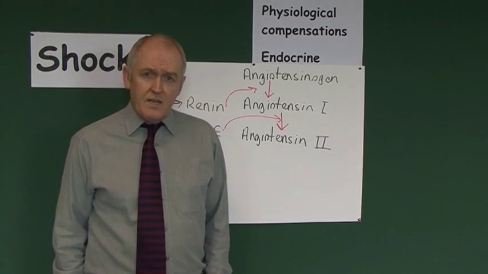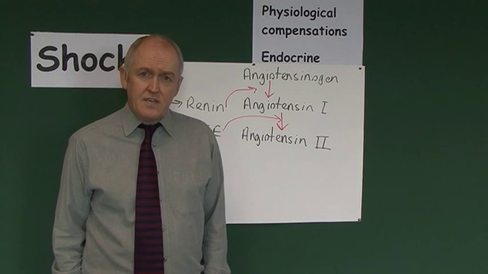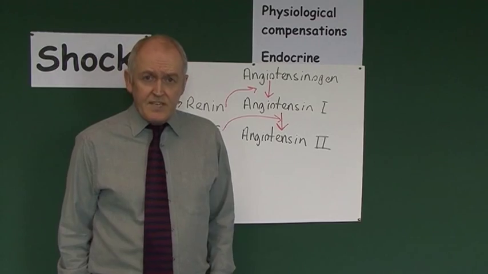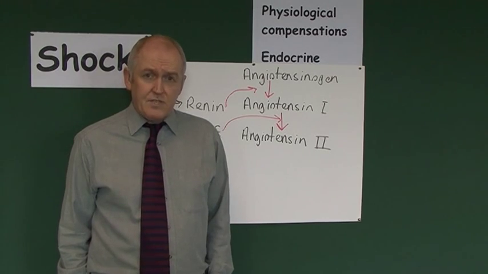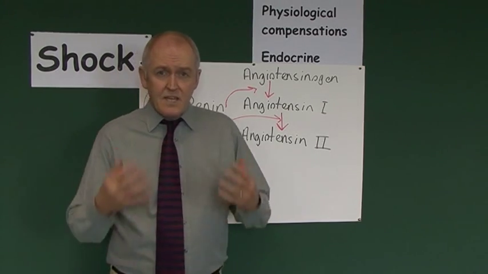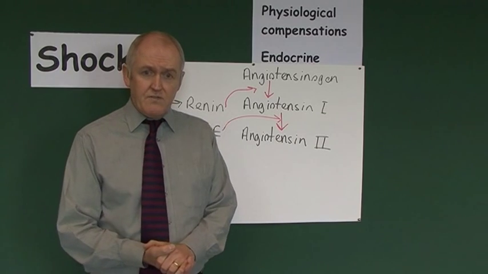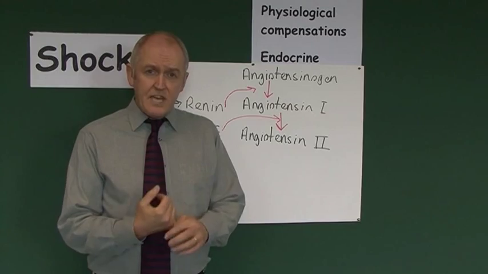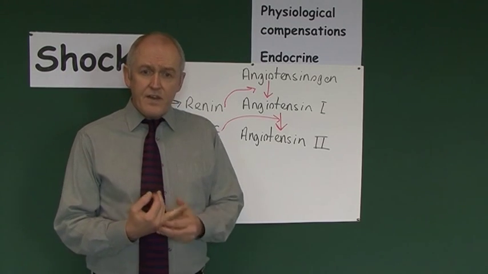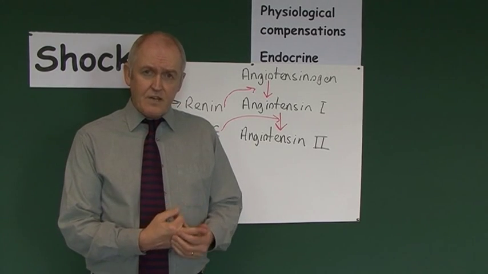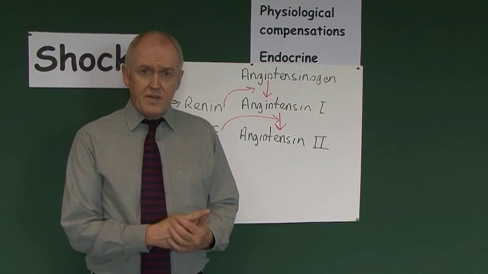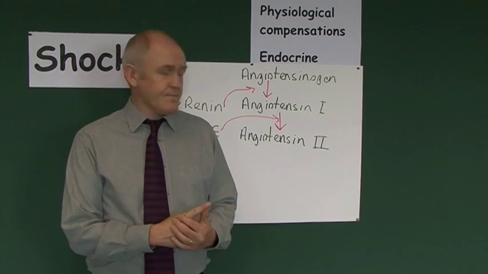And this is partly an effect of the angiotensin type 2 stimulating the osmoreceptors in the thirst centres of the hypothalamus. So if the patient drinks, that can also increase intravascular volume. So angiotensin type 2: very active, arterial vasoconstriction, venoconstriction, increasing aldosterone, therefore increasing blood volumes, and also stimulating thirst.